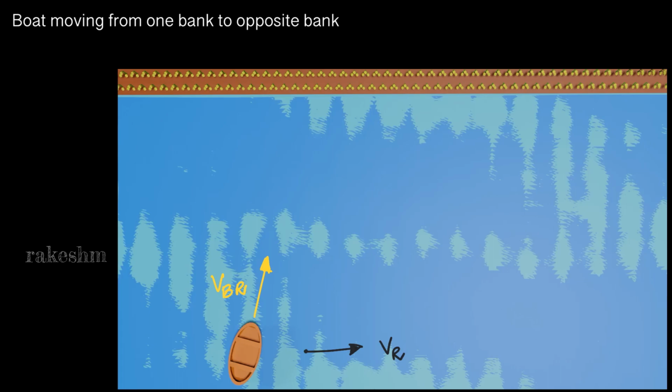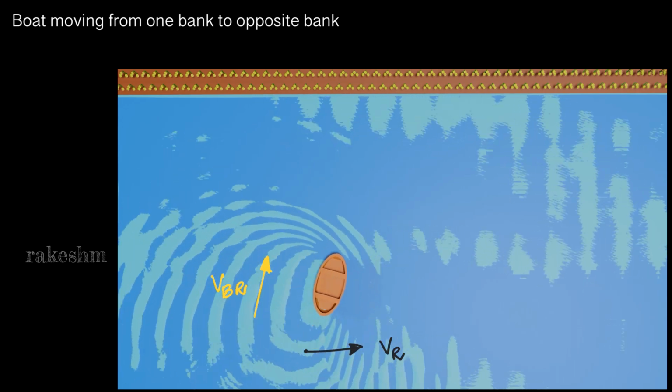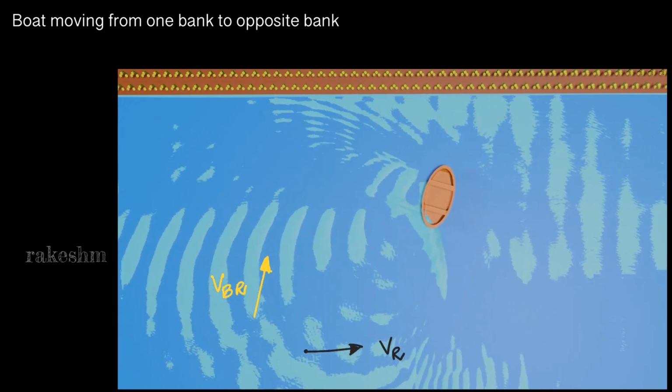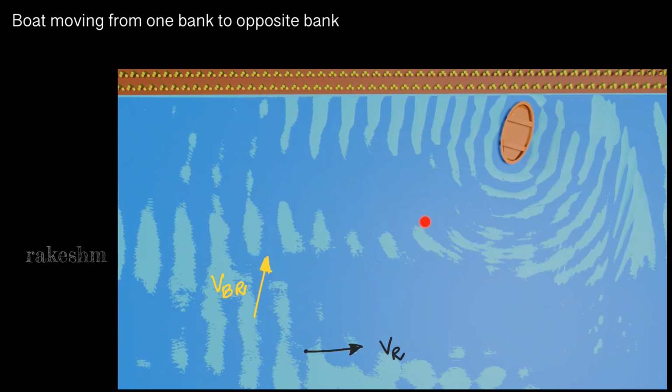What it means is, if the river was at rest, then the boat would have moved in this direction. With respect to a person standing on the ground, the boat is moving in this direction.